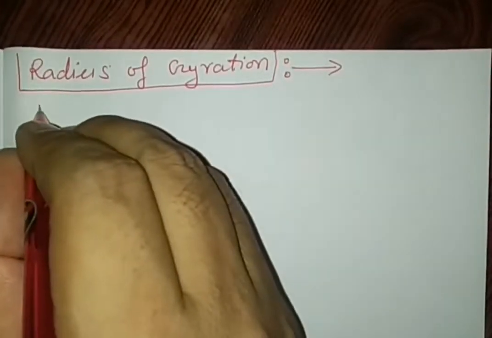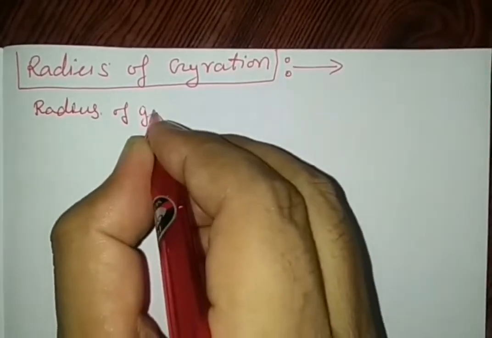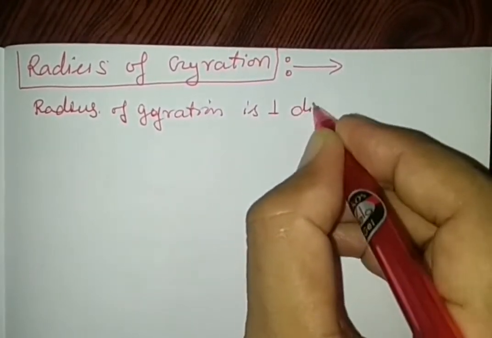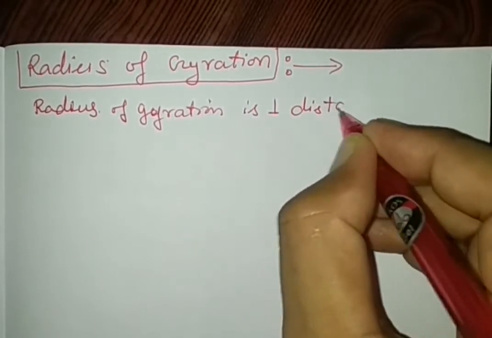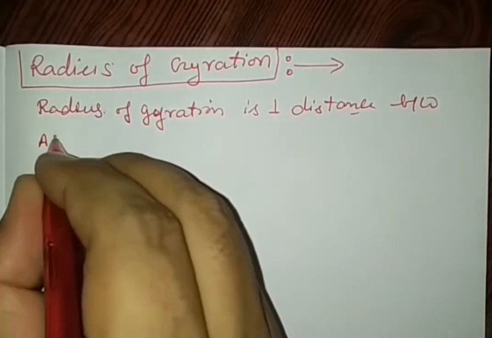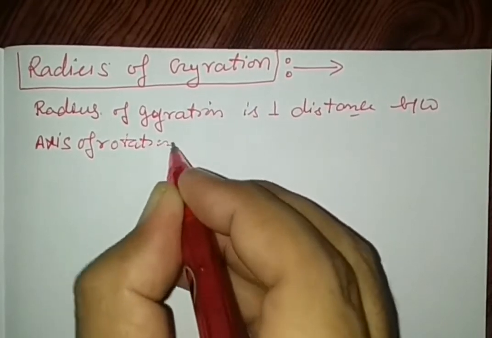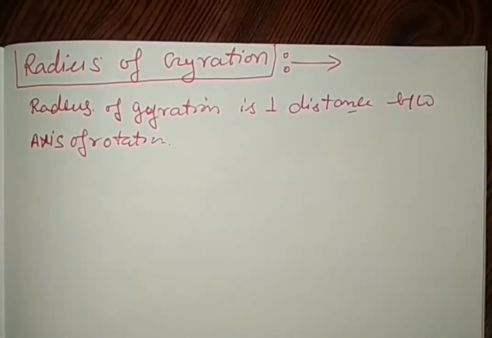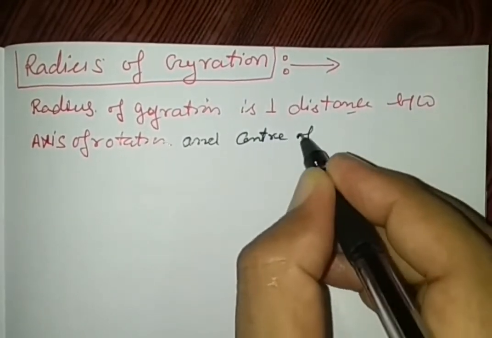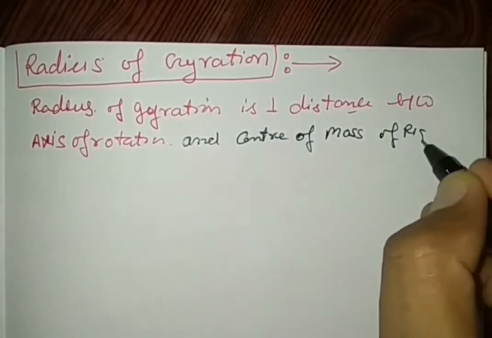Here, radius of gyration is the perpendicular distance between the axis of rotation and the center of mass of a rigid body.